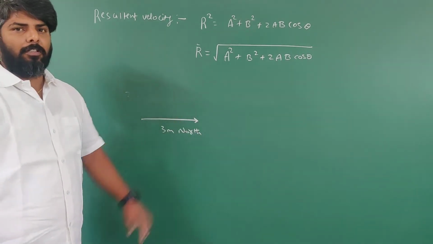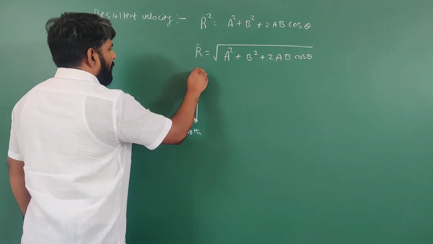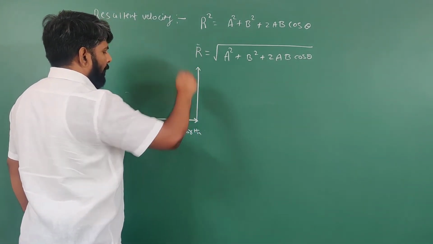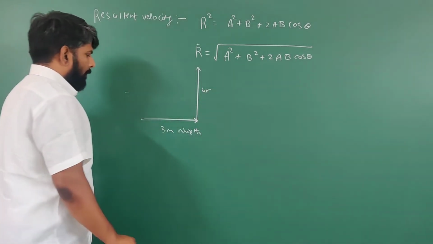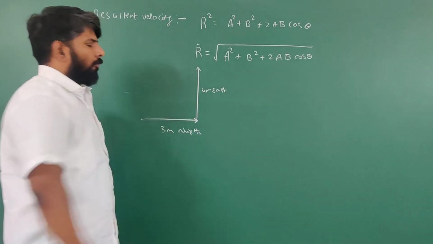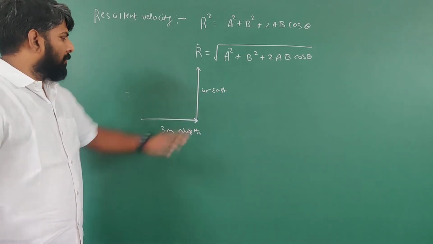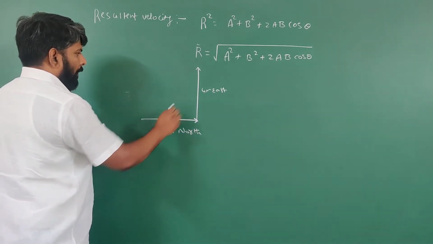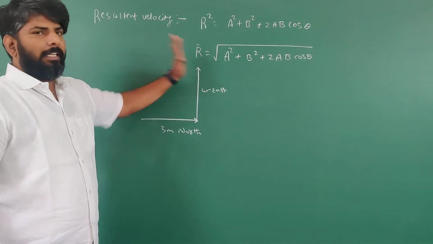So 3 meters north, and from there 4 meters east. So here it is a vector and it is another vector. So 3 meters north and 4 meters east.